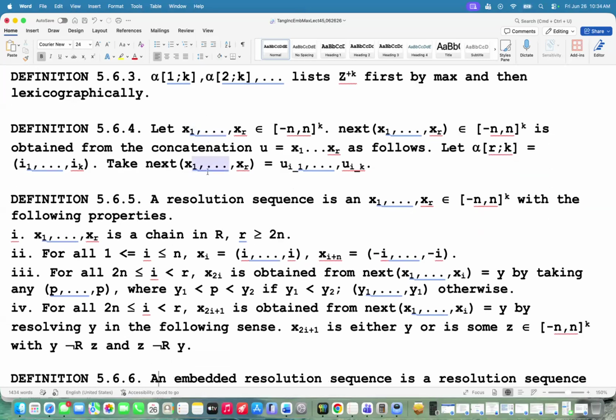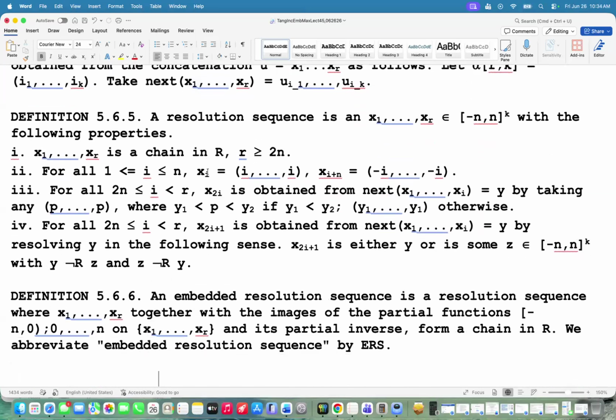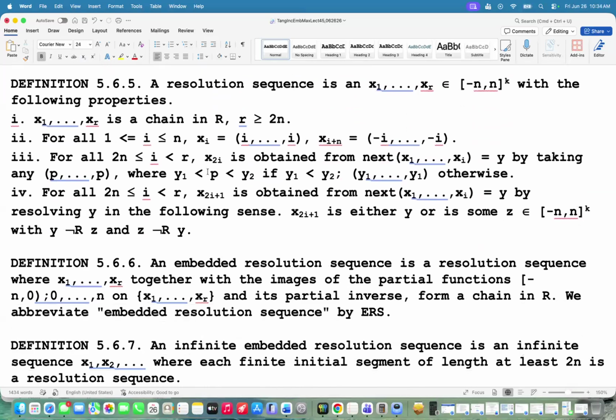Okay, then we have this substantial definition of what a resolution sequence is: x1 through xr. First of all, it's got to be a chain, and r has to be at least 2n. We require that the first 2 times n terms are prescribed exactly and conveniently.